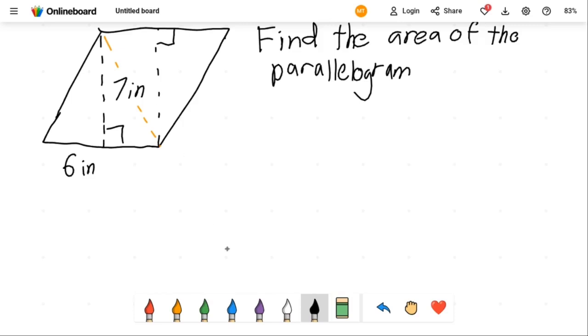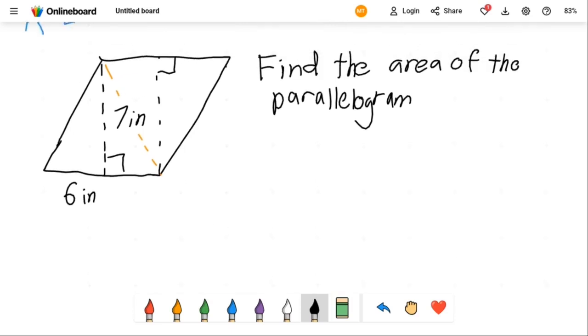Another thing about the parallelogram is that both bases are also the same, which means that we can just find the area of one of the triangles of this parallelogram, and then we can multiply by 2 to get the area of the whole parallelogram. So to get the area of a triangle, it's just 1/2 base times height, and we get 1/2.